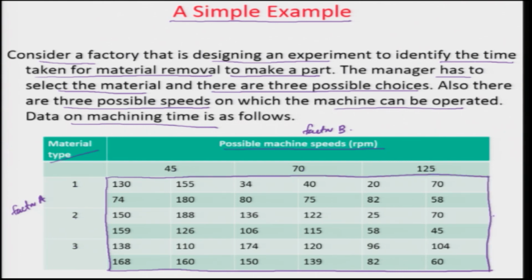These are your observed y values, the response, the machining time. Let us assume it is in seconds or minutes, it does not matter. These are the numerical values we got for the problem. Hope this example makes sense to you.